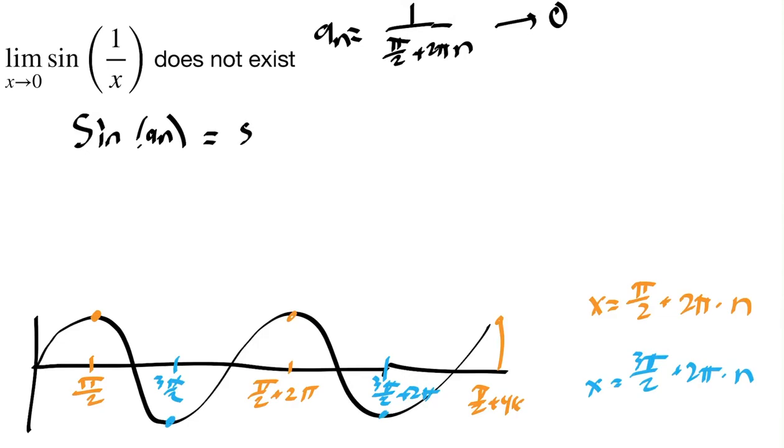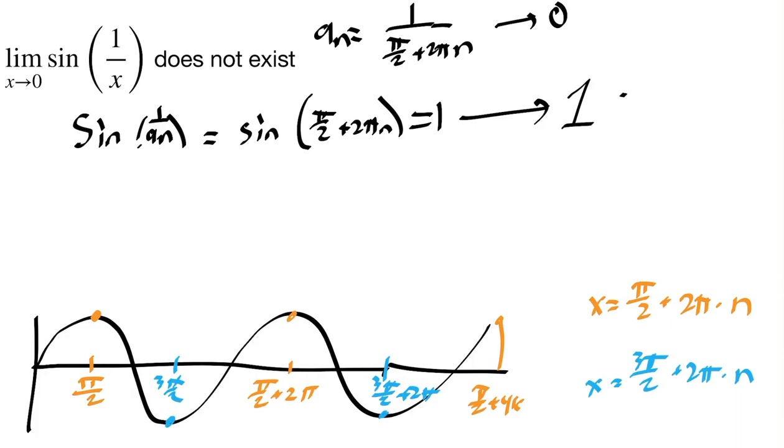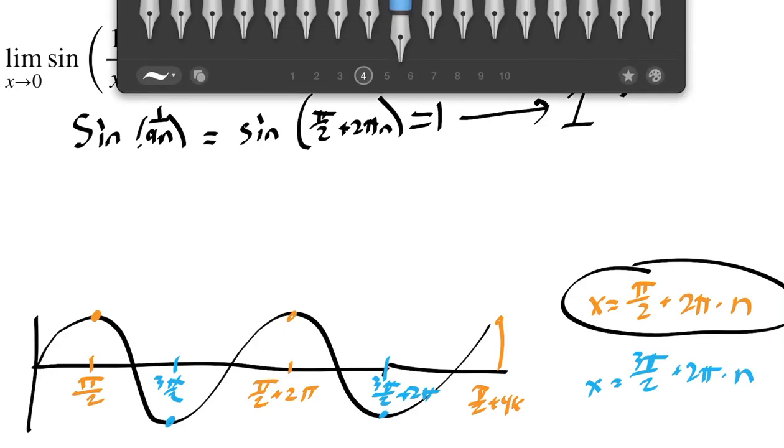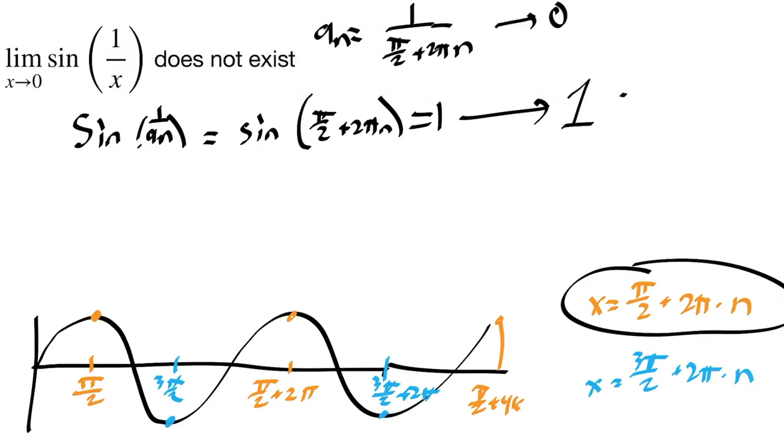And sine of 1 over a_n is sine of pi over 2 plus 2 pi n, which is always equal to 1. And so that number definitely converges to 1. So you'll see that if I follow the a_n sequence, I get something that definitely converges to 1.